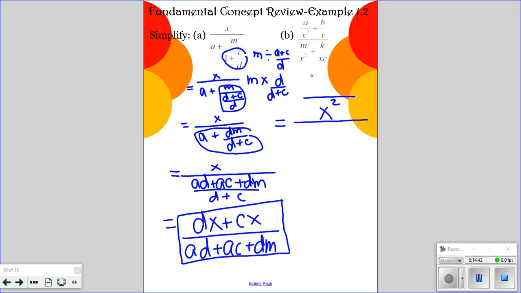So the a already has an x squared, so it's not going to change. The b had 1x underneath it, so it needed a second x to make it an x squared, so it's going to become bx. For the denominator, it's going to be x squared times c.